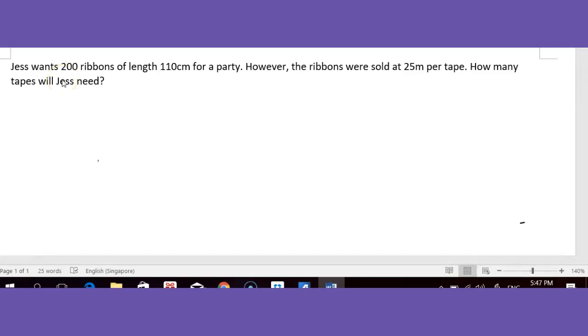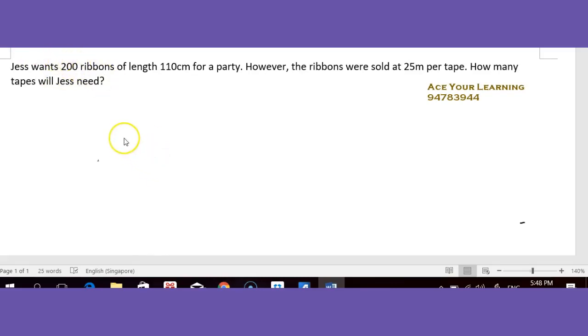I always tell my students to circle all the clues. Why is it so? Well, when they do a lot of questions, they tend to get confused and miss out all the important points, and end up not being able to do it well. So it's very important to take note of all the important points.